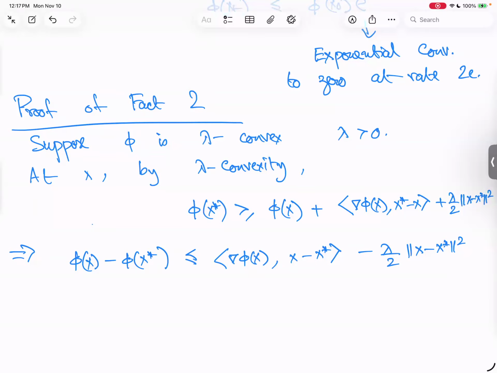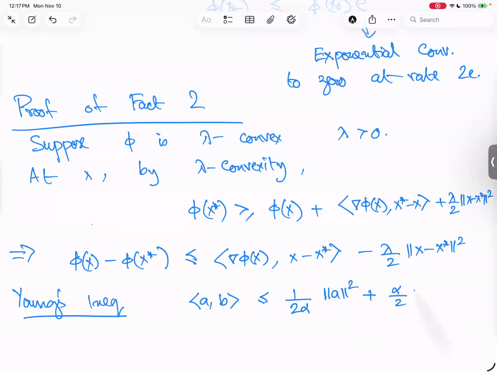Now I'm going to use Young's inequality. What is Young's inequality here? I will leave it for you to verify that this is always true over a Hilbert space: the inner product of A and B is less than or equal to 1 over 2 alpha norm of A squared plus alpha over 2 norm of B squared, for any positive alpha.